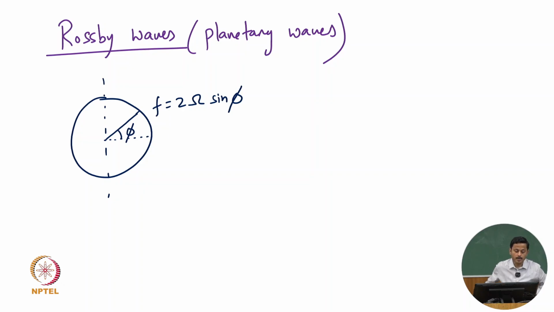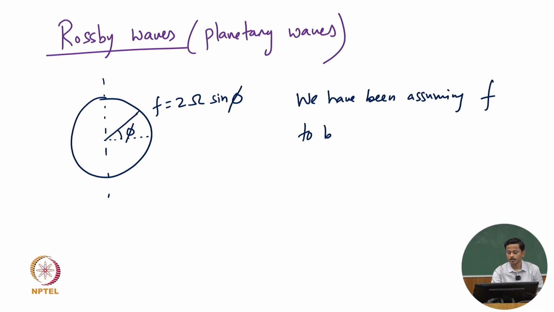This is how we define the Coriolis parameter. Till now we have been assuming f to be constant.